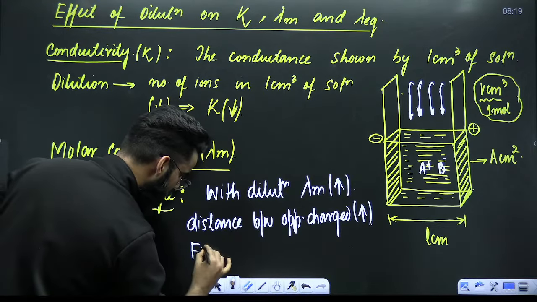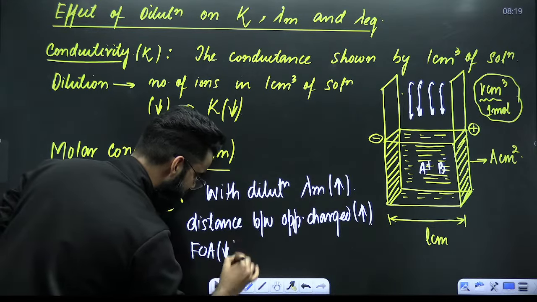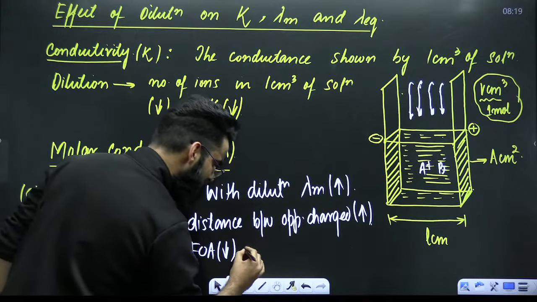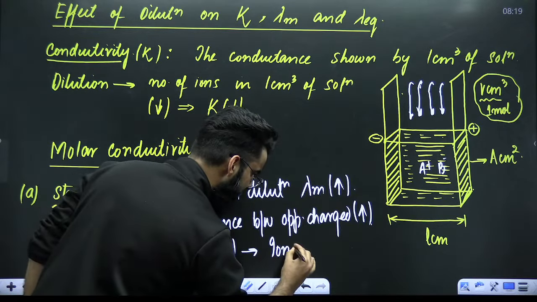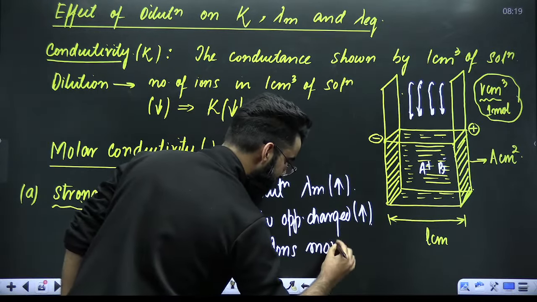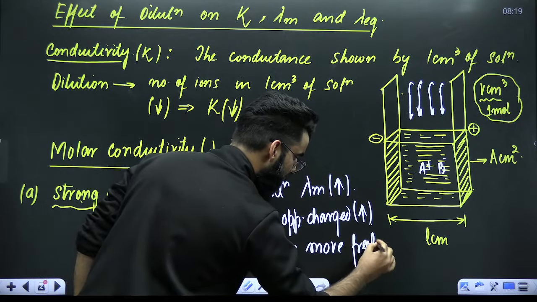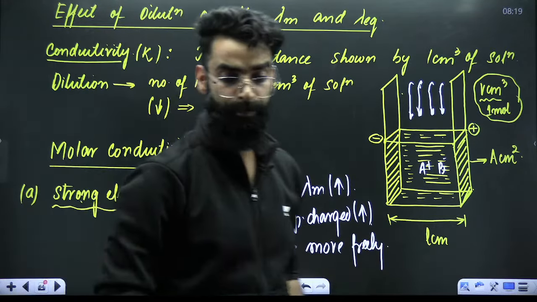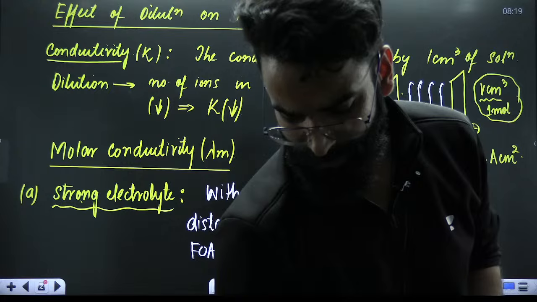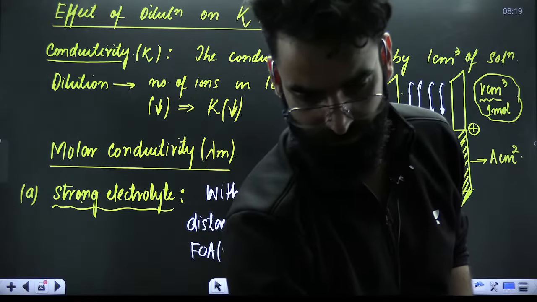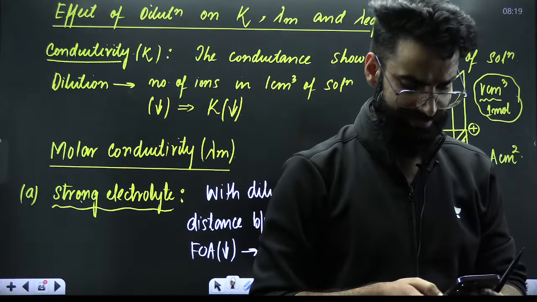Hence, the force of attraction between the ions decreases, and eventually the ions start moving comparatively freely. I hope this point is clear to everyone. Is this point clear to everyone? Quickly in the chats.